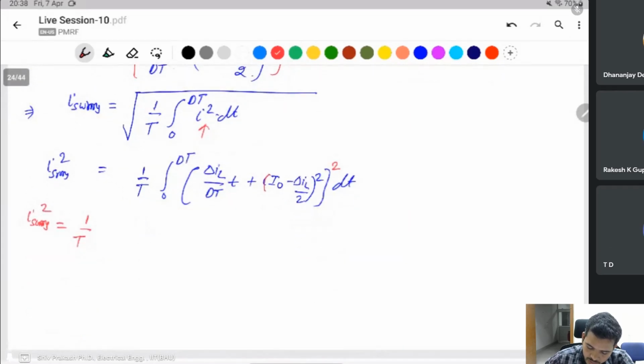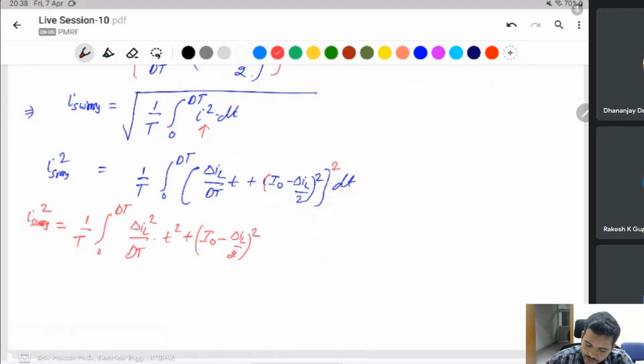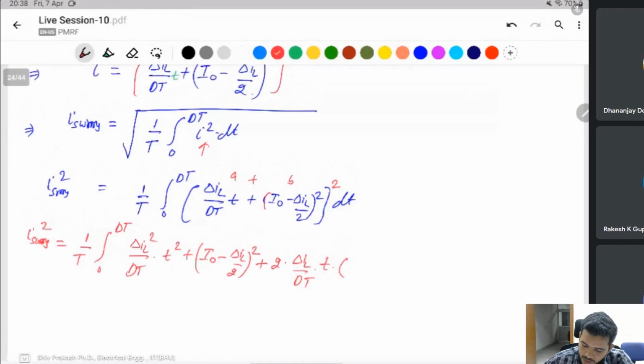If you square this, then you find delta IL square divided by dt square into t square, plus I naught minus delta IL divided by 2 squared, a square plus b square plus 2ab. Then the 2ab term, this I naught minus delta IL by 2 whole square won't come, right? Yes, this one is not a whole square.